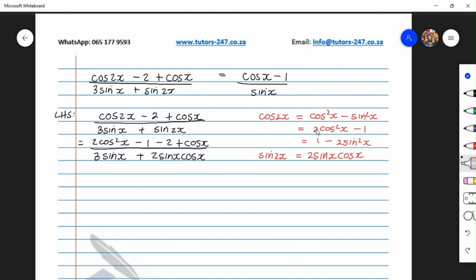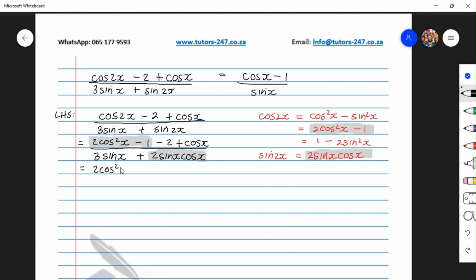So we used our second one and our sine double angle formula. So all we've done so far was substitute. Now, let us simplify. We can see that -1 and -2 are like terms.